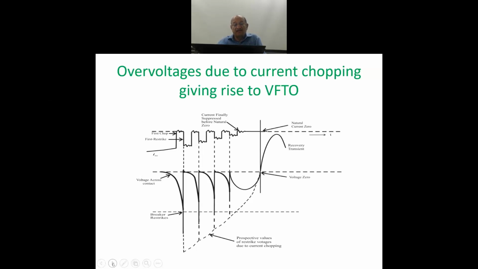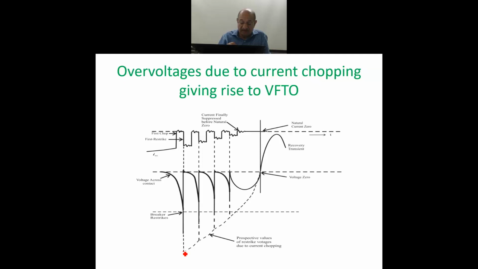Here is what I explained. As you can see, the arc gets interrupted, but it reignites and gives rise to very high magnitude of the overvoltage.